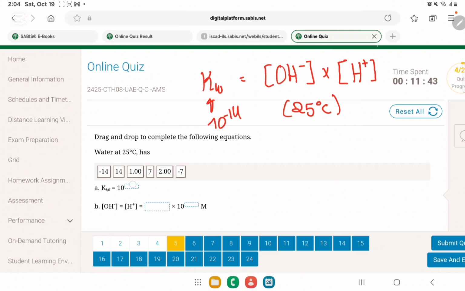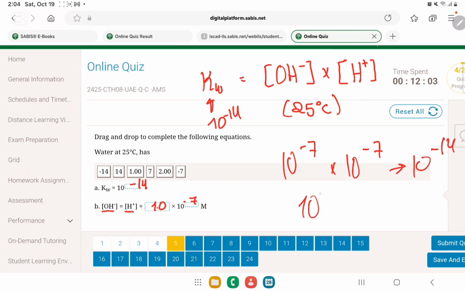So here Kw is 10 to the power of negative 14, and when the concentration of OH minus is equal to the concentration of H plus, it's always 1.0 times 10 to the power of negative 7, because 10 to the power of negative 7 times 10 to the power of negative 7 is equal to 10 to the power of negative 14. It's like you're doing 10 to the power of negative x times 10 to the power of negative x equal to 10 to the power of negative 14. Then you solve, you get 10 to the power of negative 7. Because they want it in scientific notation all the time, you just write 1.0.